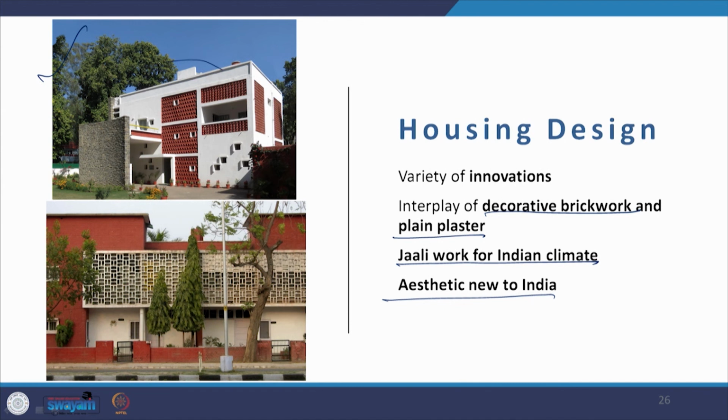So you find that this is a modernist building, but it also has jali work so as to support the climatic conditions of India. It is a typical modernist building, but it is adapted to our climatic conditions.